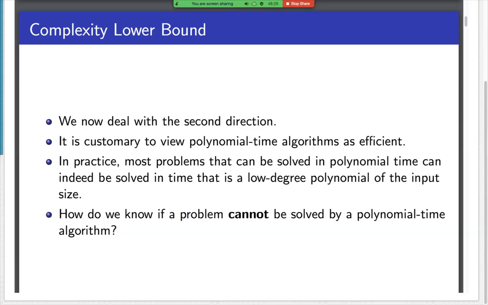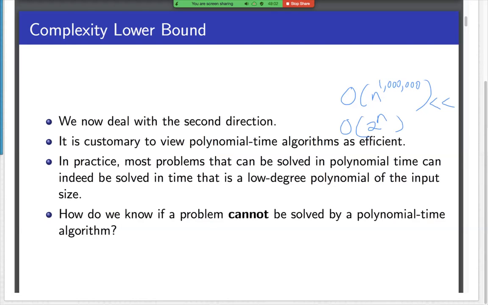For instance, if you have n to the median, where n is your input size, obviously in practice it is nowhere near efficient. But if you look at it asymptotically, it is still much less than exponential. When n goes to very big, it is still much less than.